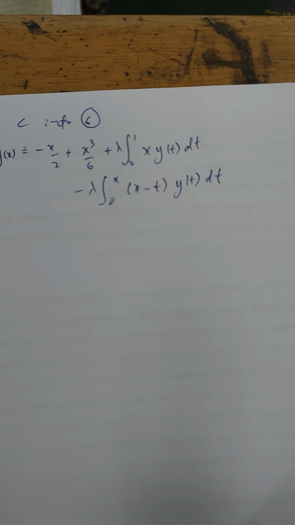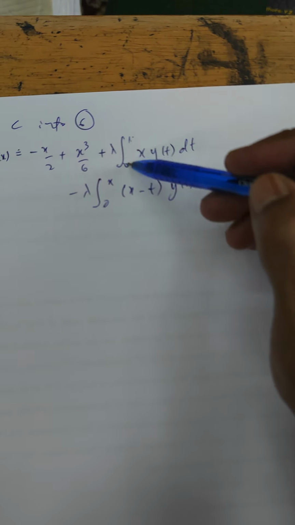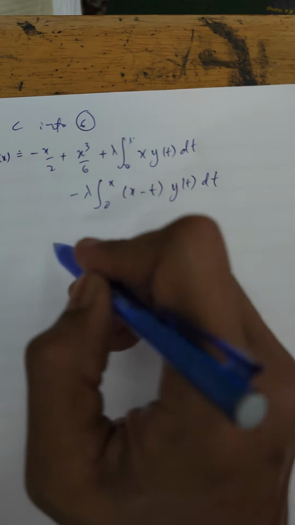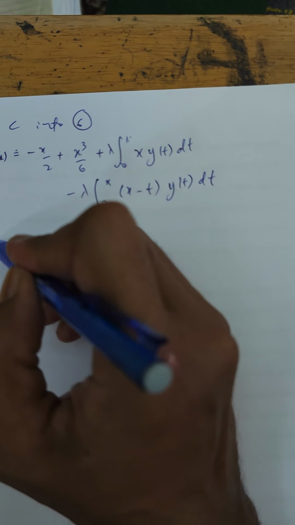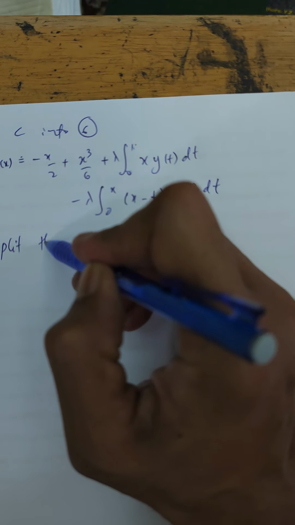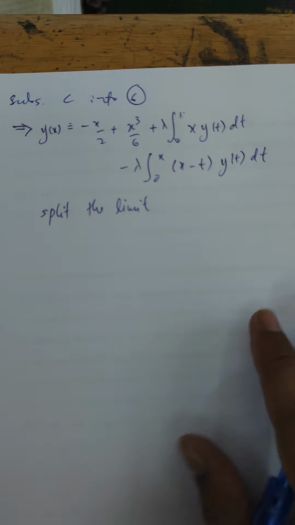Right? Or you can rearrange this. Again, the limit of integral is 0 to 1. Now we split this limit into 0 to x and x to 1. So we split the limits.